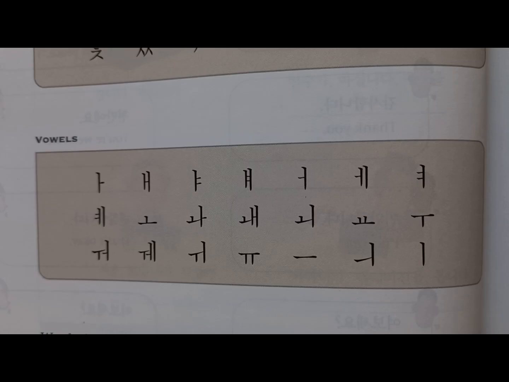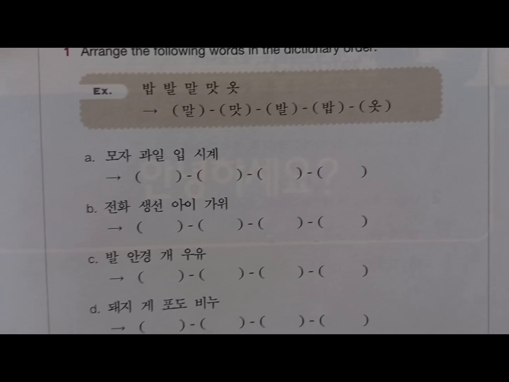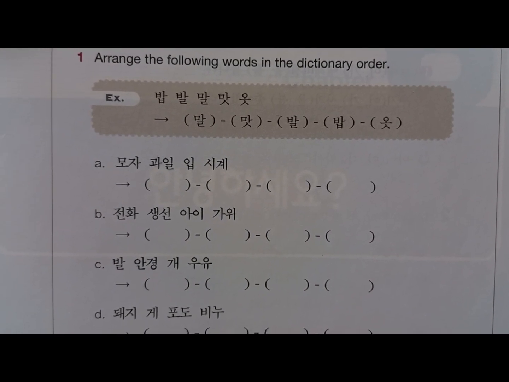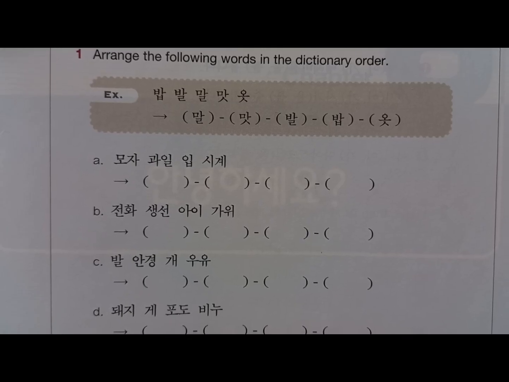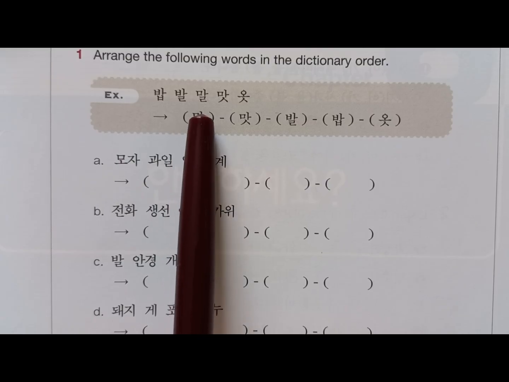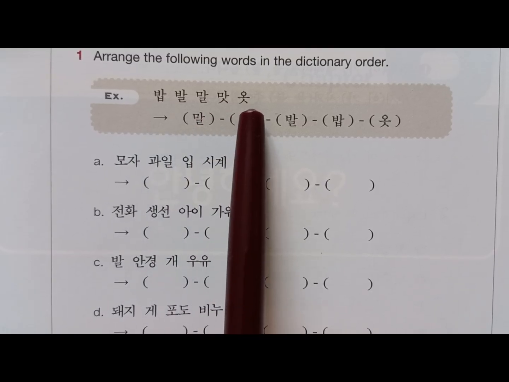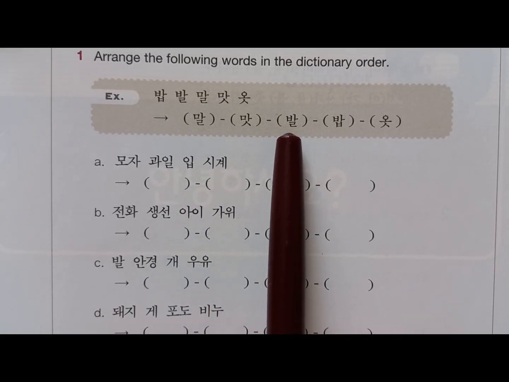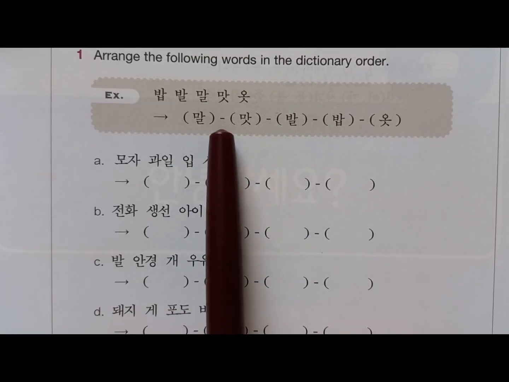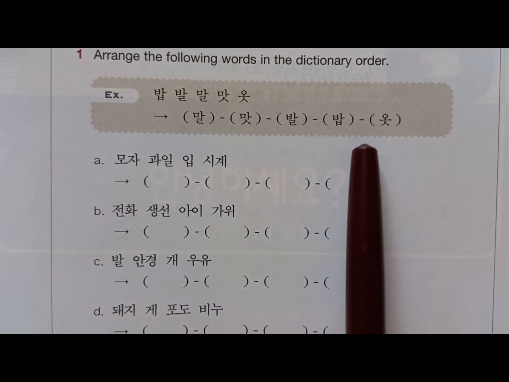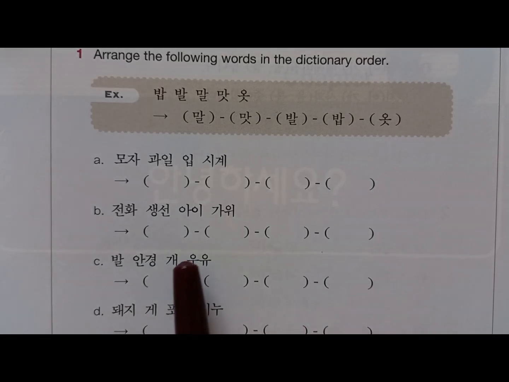All right, and let's see some practice. So arrange the following in dictionary order. Example: 팔, 말, 맛, 옷 would be 말, 맛, 팔, 옷.